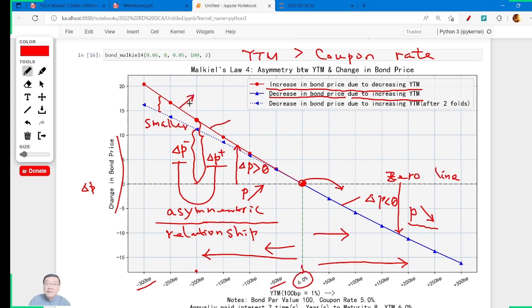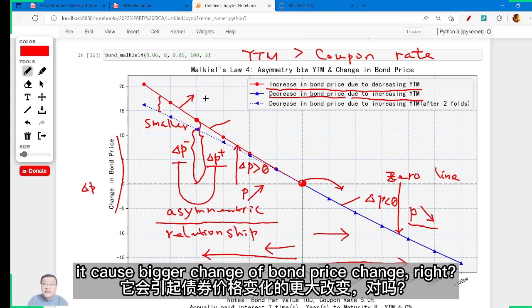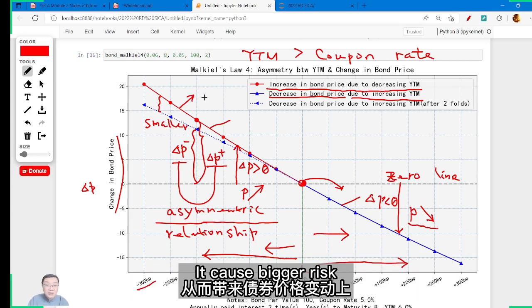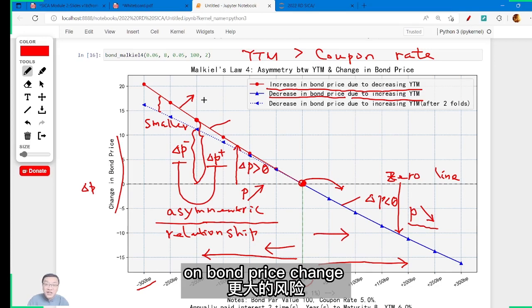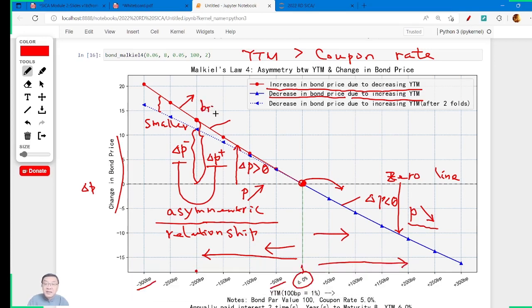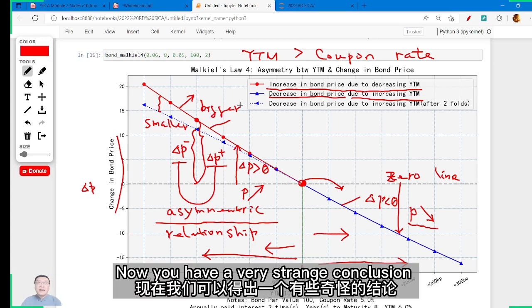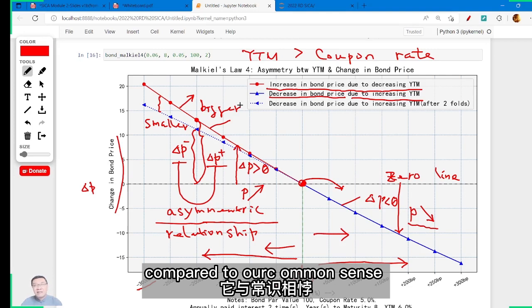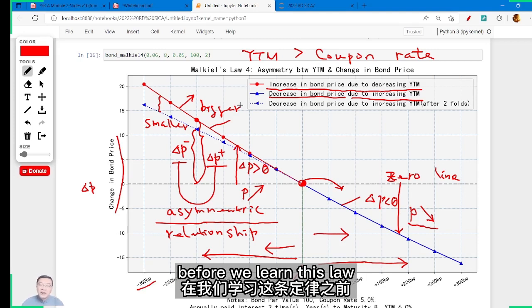If we have YTM decreased, it causes a bigger change on bond price. It causes bigger risk on bond price changes. So in this way, we call the risk is bigger.